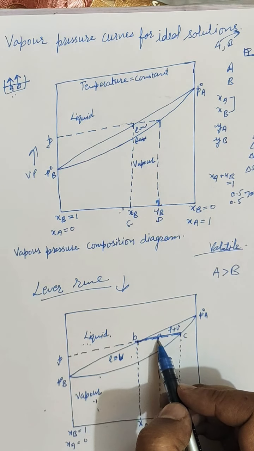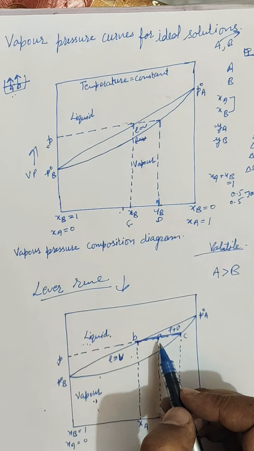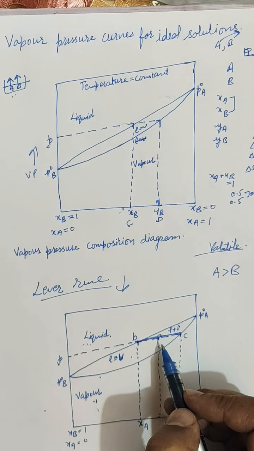On moving from point B to C, more of the vapor phase is formed, while on moving from A to B, more of the liquid phase is formed. Whereas if we move from point A to C, more of the vapor is formed.